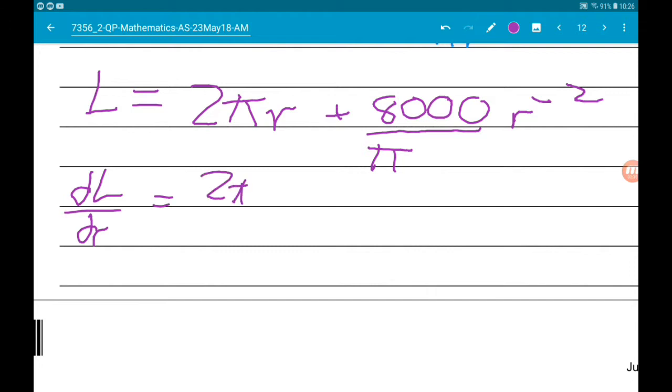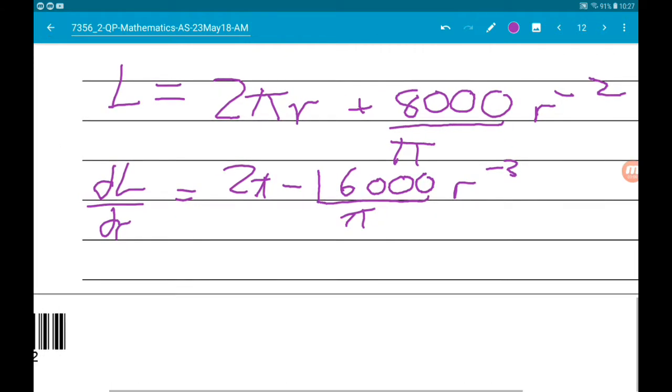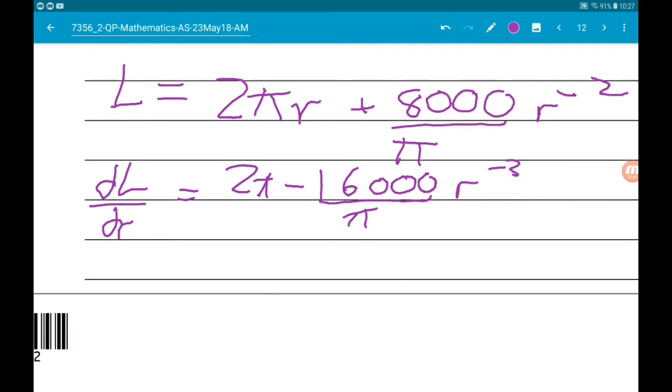Now, the power of minus 2 comes down and multiplies the 8,000 over pi. So we're going to get minus 16,000 over pi, and that's going to be r to the minus 3.